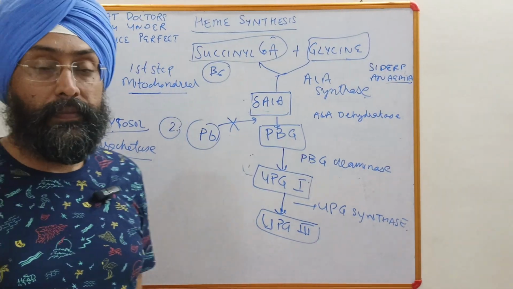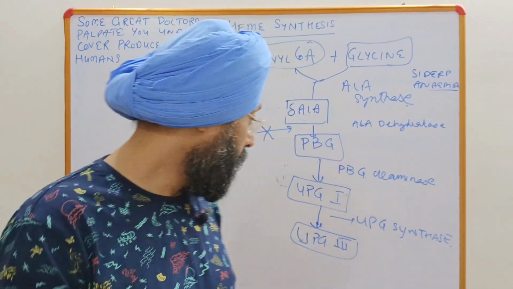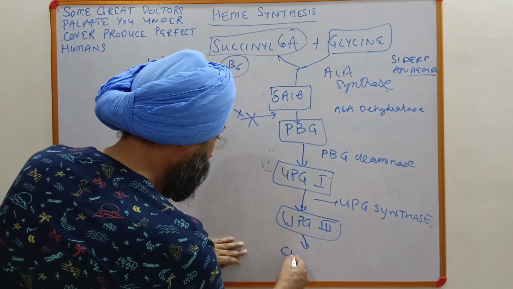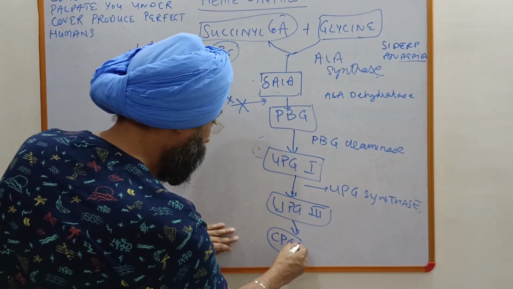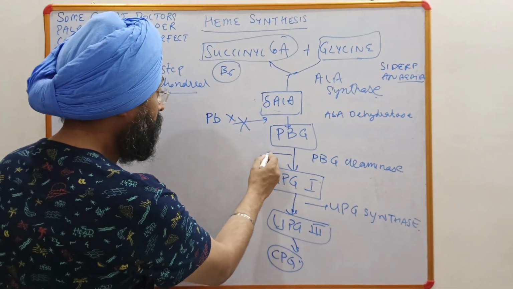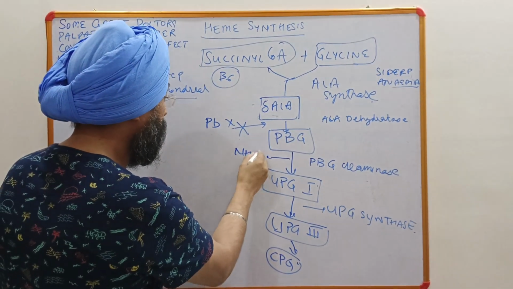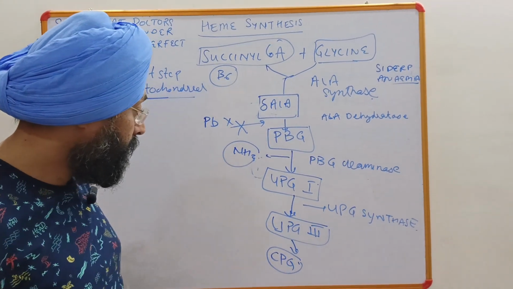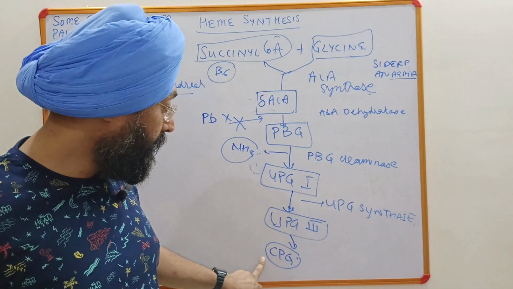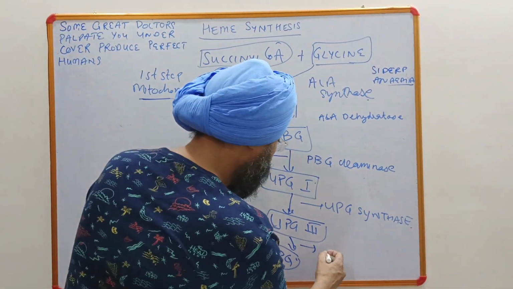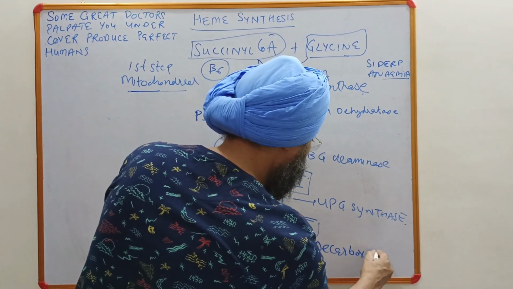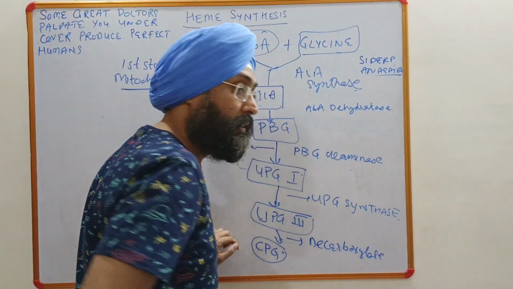And this uroporphyrinogen is converted into coproporphyrinogen, right? And in the deaminase step, the amino groups are removed, right? And from uroporphyrinogen 3, we synthesize coproporphyrinogen, right? And this reaction is a decarboxylation reaction, and the enzyme is decarboxylase.